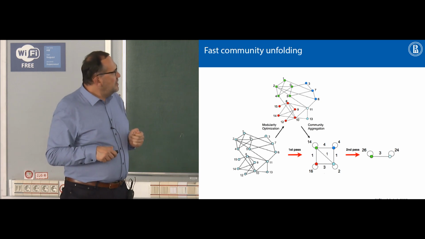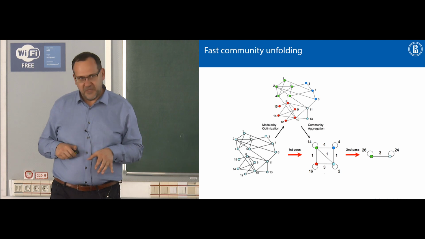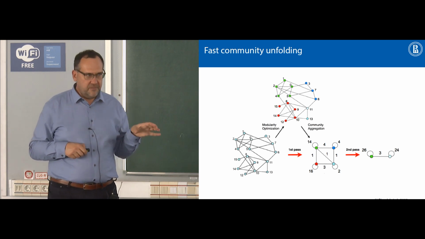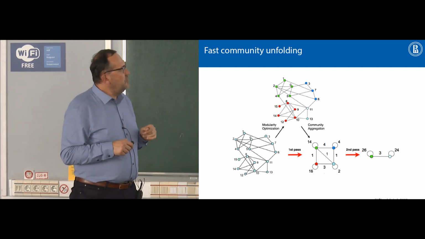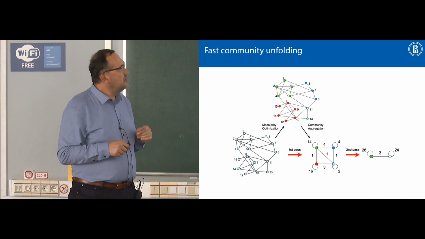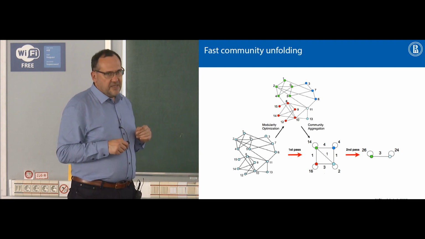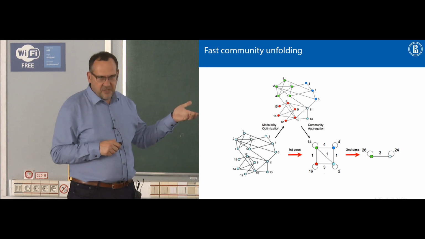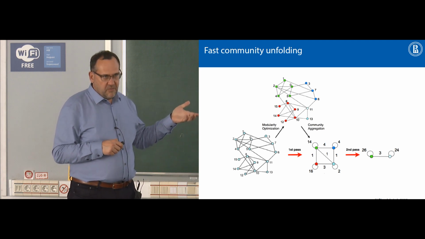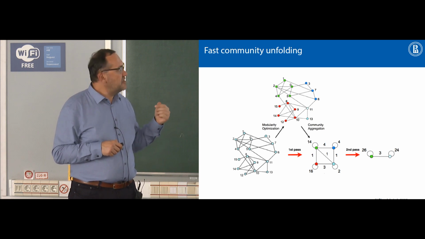So here, 15 nodes, so 15 communities. Every node is considered its own community. Then you pick up a node. Let's say you start with this first node, node 0, and you say, okay, if I take this and merge it with this guy and calculate the modularity score, will it get better or not? Does the algorithm believe that it is better to join them?